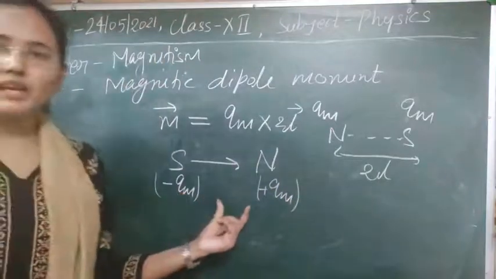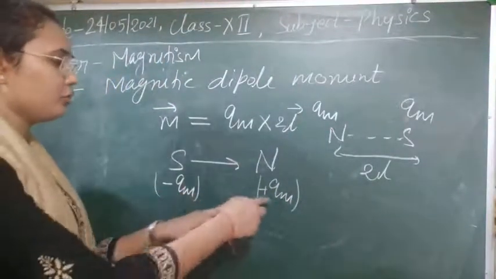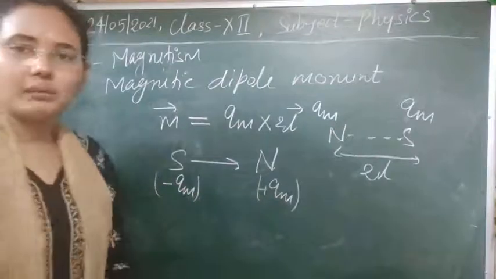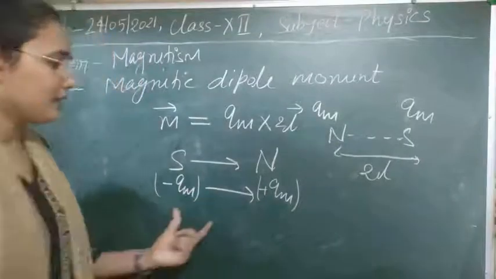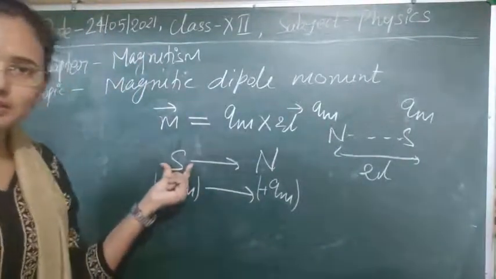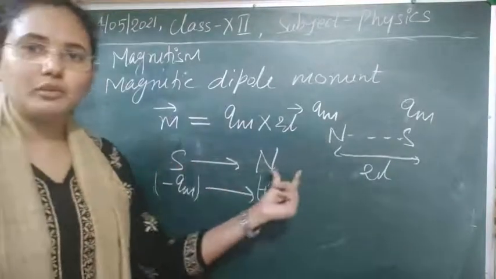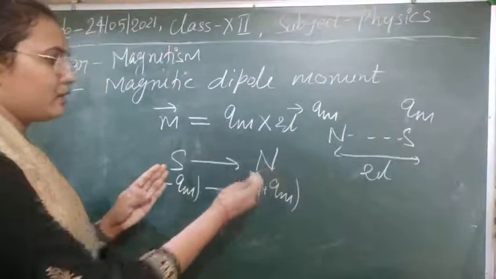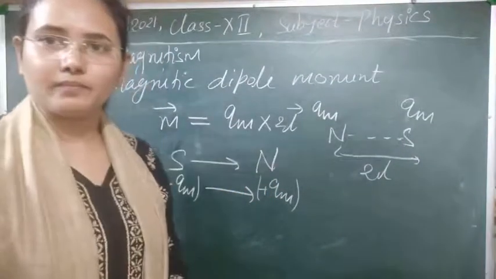Just as the electric dipole is directed from negative to positive, here we can also remember it easily by this concept: it is always directed from negative to positive magnetic charge. As the south pole has negative charge and the north pole positive, according to that we can understand the direction of the magnetic dipole moment.